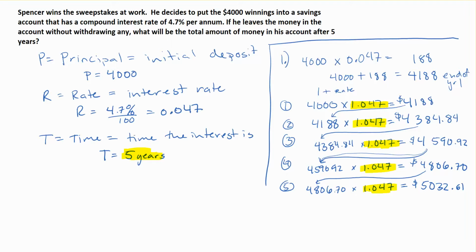Now that number that we've times by over and over and over again is 1 plus the rate, what we talked about here. So 1 plus the rate is 1.047 in this case.